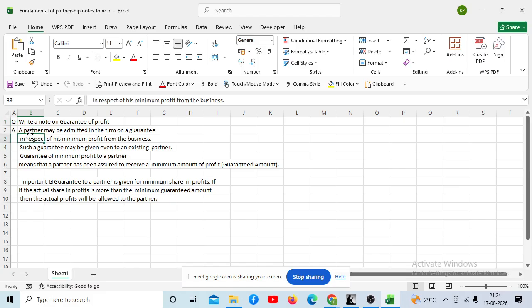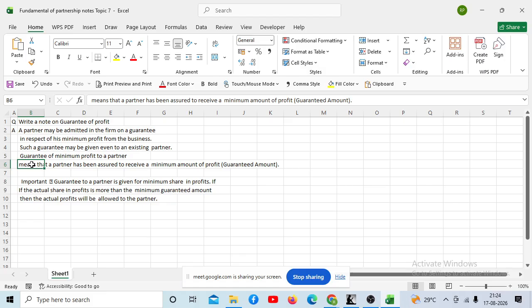A partner may be admitted in the firm on a guarantee in respect of his minimum profit from the business. Such a guarantee may be given even to an existing partner. Guarantee of minimum profit to a partner means that a partner has been assured to receive a minimum amount of profit, that is called guaranteed amount, right?